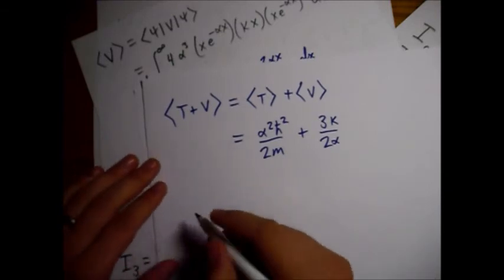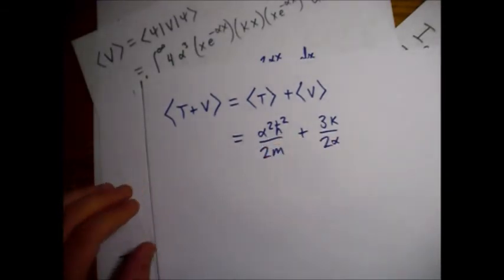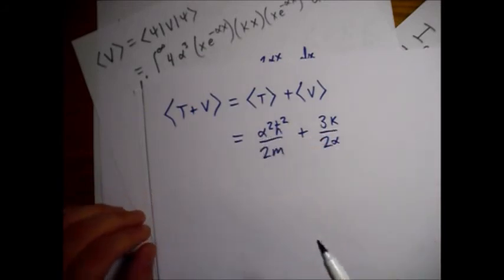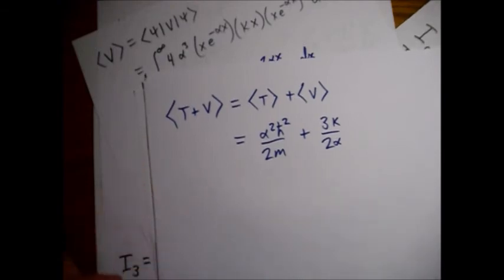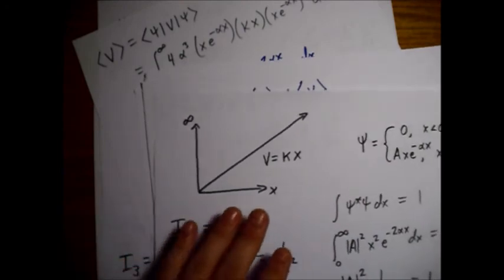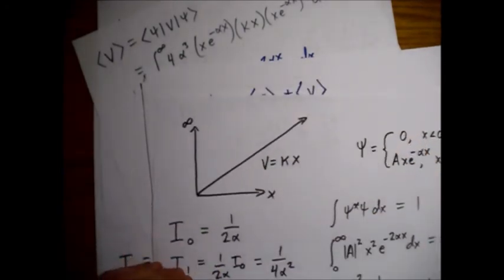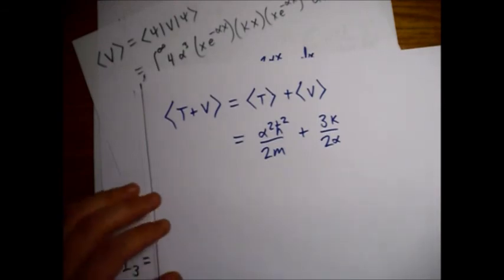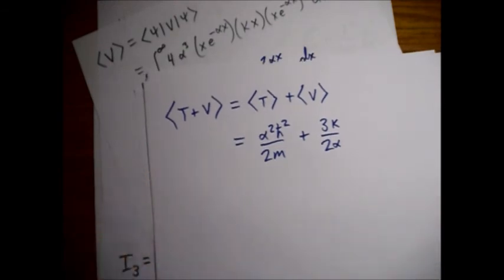So we're going to take the derivative with respect to our variational parameter alpha, set that equal to 0. Just guessing by the shape of this potential, we're not going to end up with a maximum of the energy, so we'll assume we won't have to decide whether we've got a minimum or a maximum.